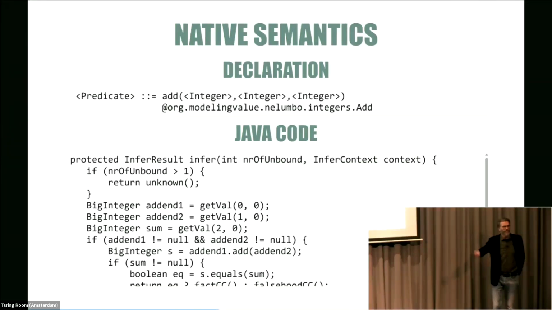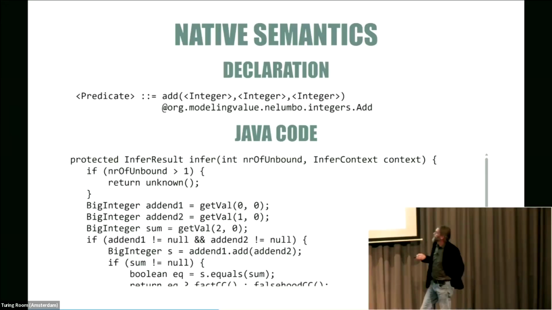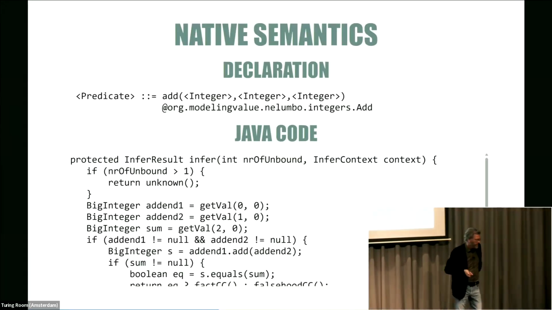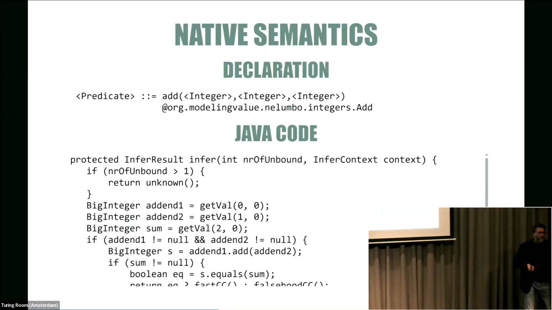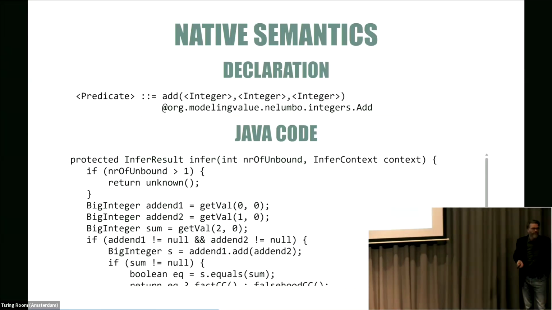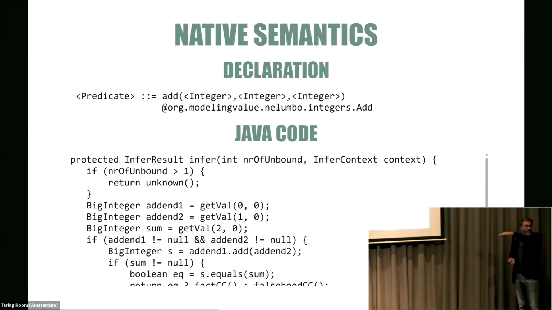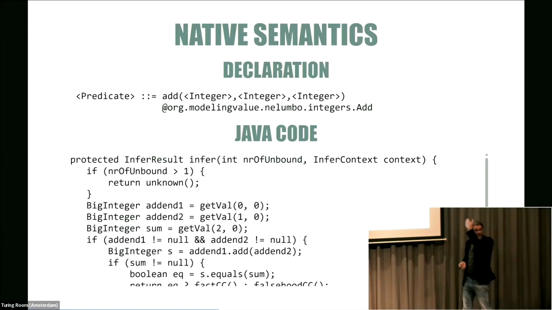Whatever you like, or a database connection. So infer is just one predefined method that you can use to do things. Okay, so you override it. So this is really native in relation to Nelumbo. It's just Java underneath, and you can create these kinds of atoms and build up your language.